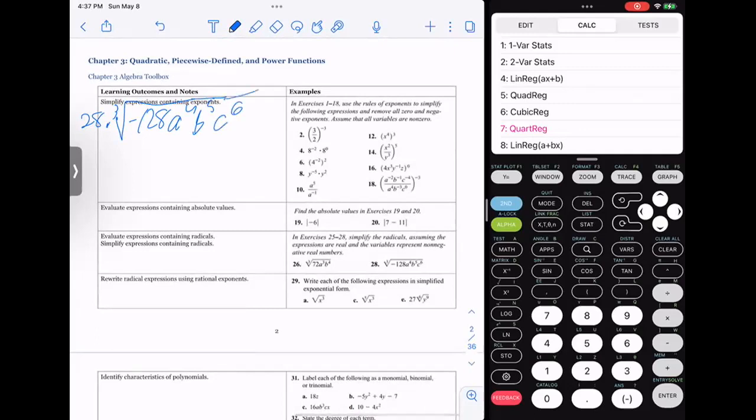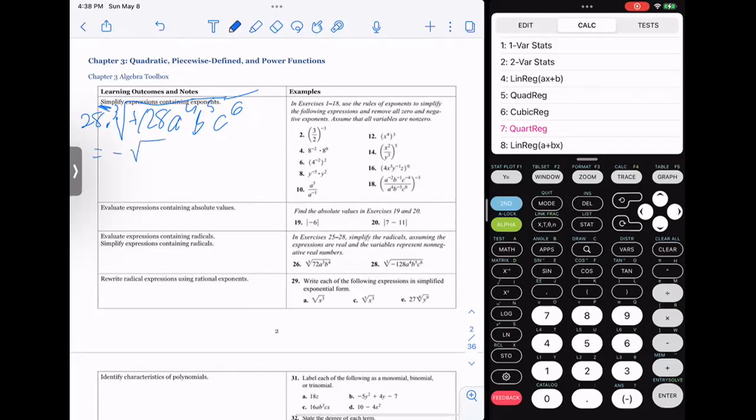So what do you think we can do first? Since this is an odd root, we can just factor out the negative sign. Just make that positive, put the negative on the side. Now, we can also express it like this.